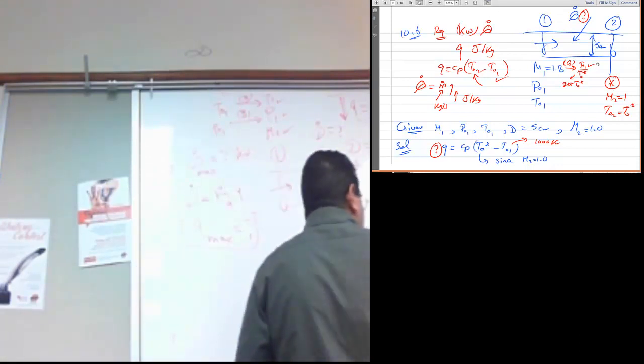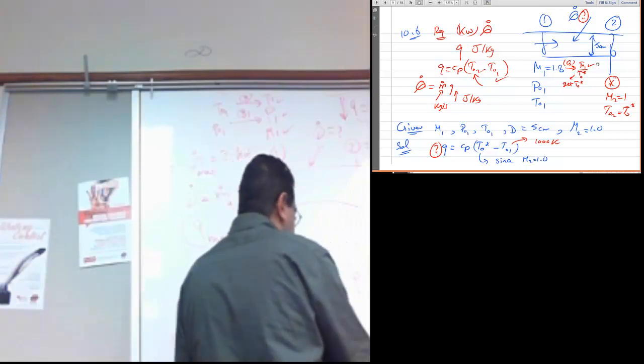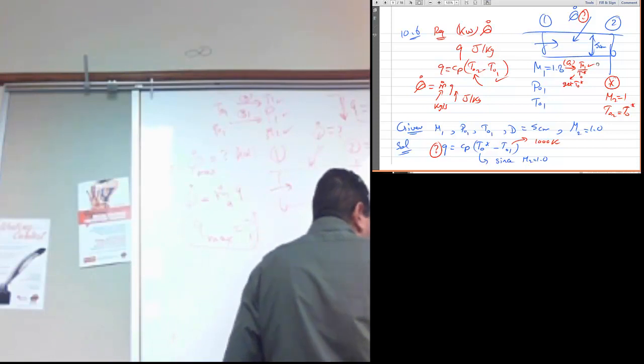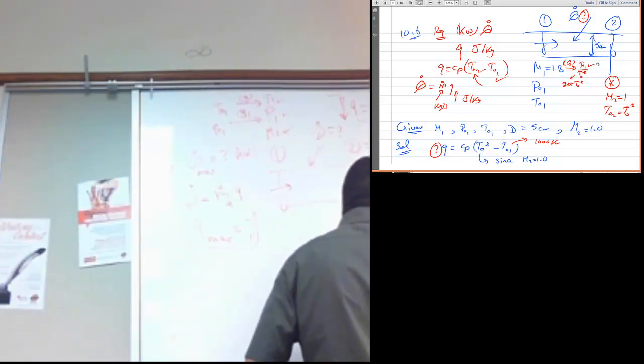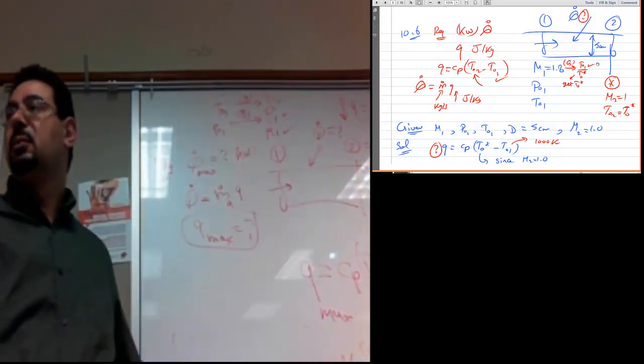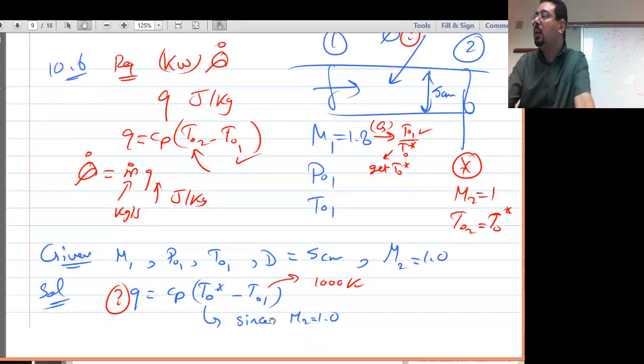I know T naught 1. How can I get T naught star? M1. Excellent. M1 and Appendix G will give you T naught 1 over T naught star, and you are done. You got your T naught star. So Q is Cp times T naught star minus T naught 1.